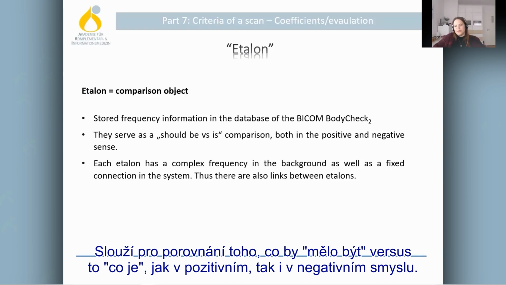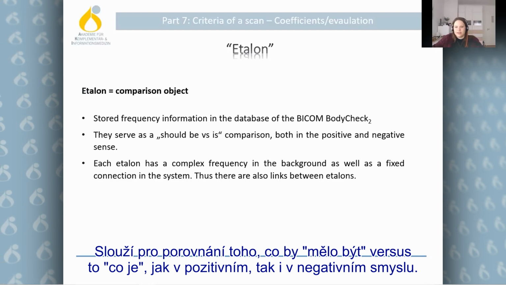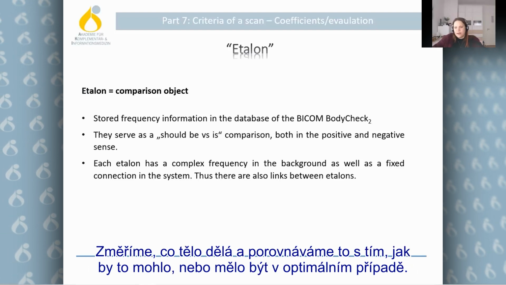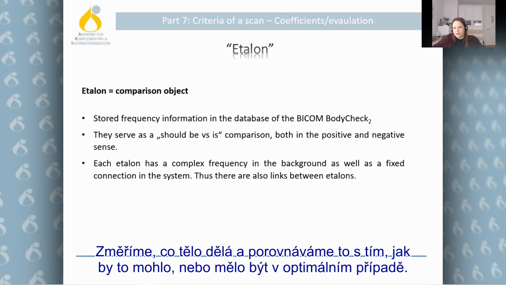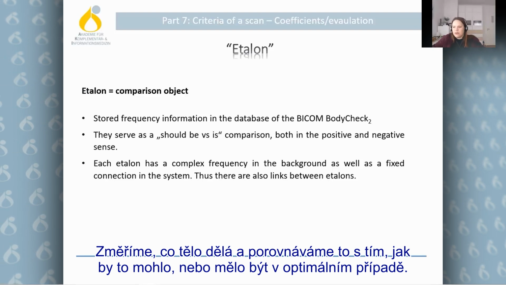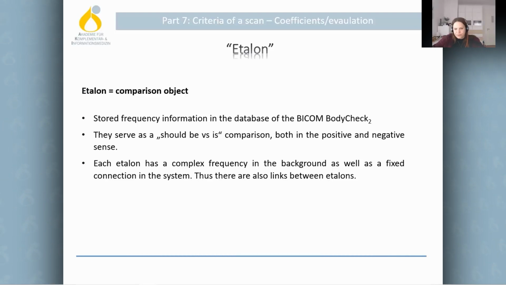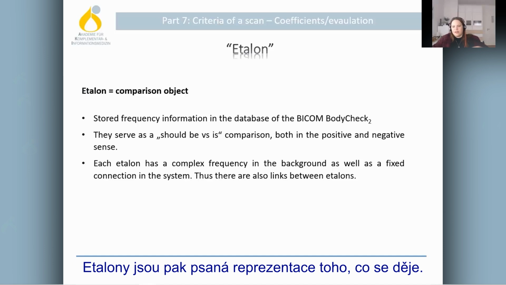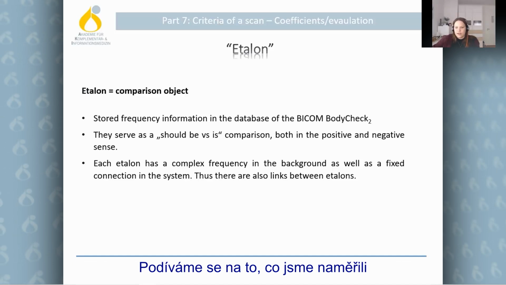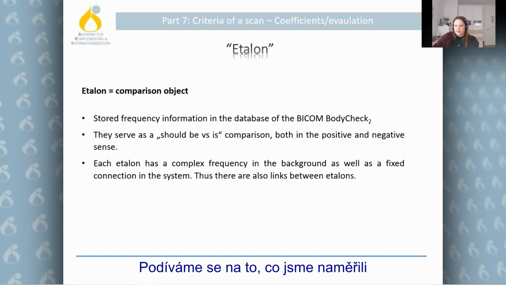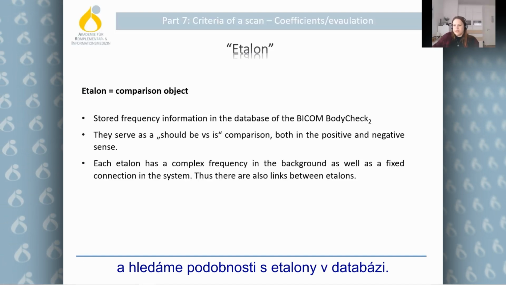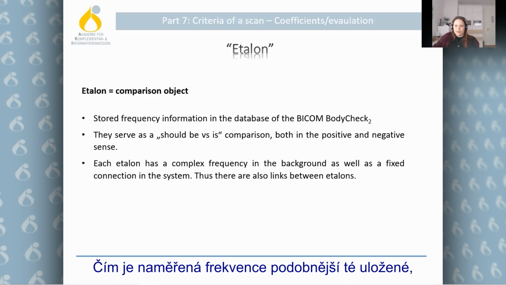With these echelons, we do a should-be versus an is comparison, both in the positive and the negative sense. We measure how the body is doing and then compare it with how it can be or would be in an ideal sense. The echelons are a written representation of what is going on. We look at what we have in terms of measurement and look for similarities with echelons in the database.